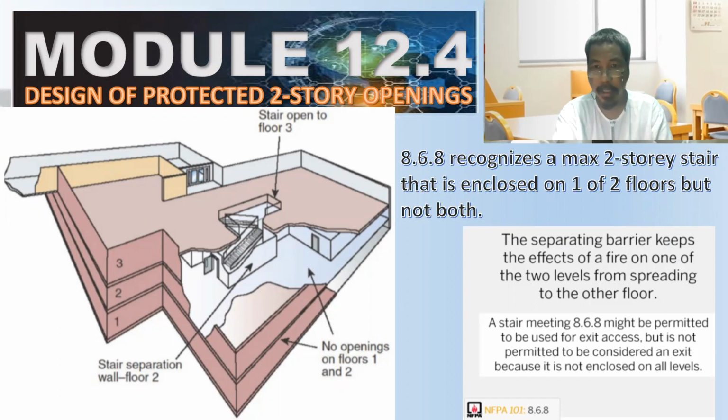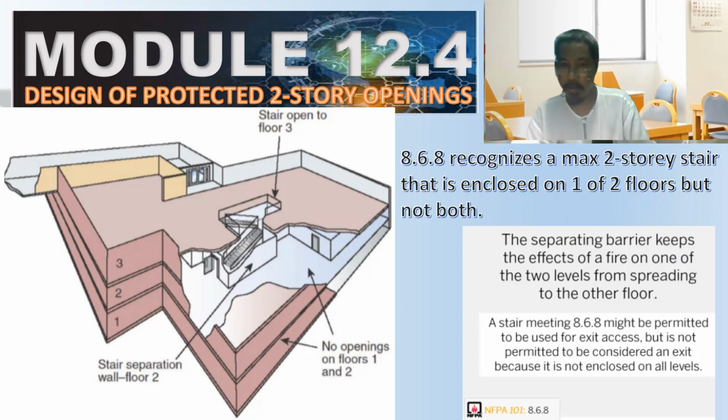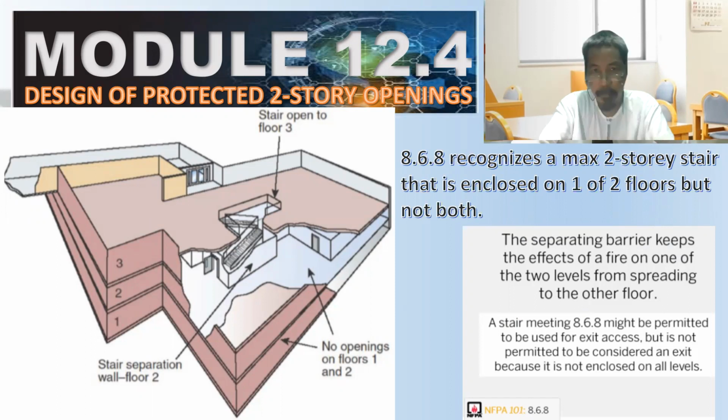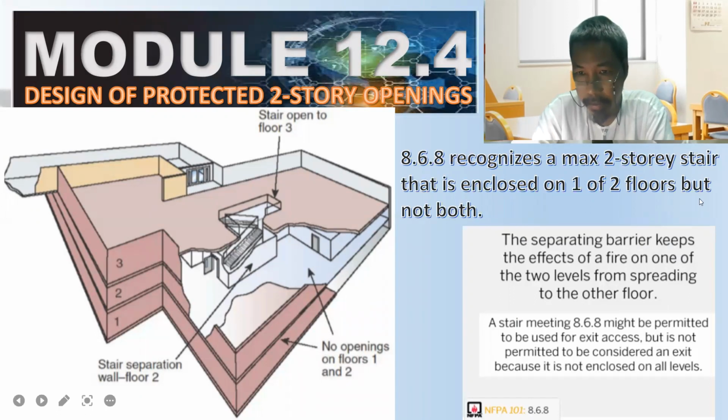8.6.8 recognizes a maximum two-story stair that is enclosed on one of two floors but not both. The separating barrier keeps the effects of a fire on one of the two levels from spreading to the other floor.